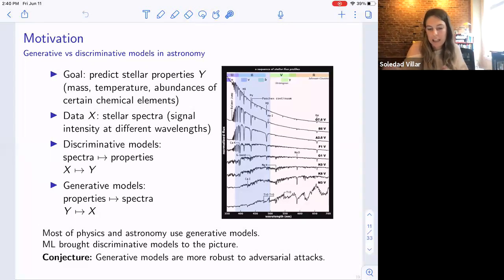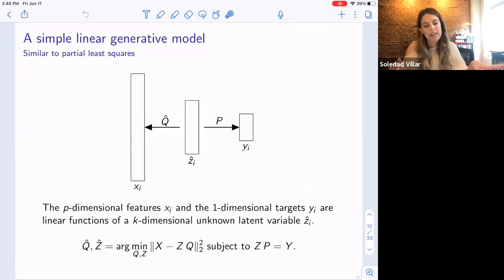That's his claim, and we haven't been able to prove it, but I think it's a possibility that for certain models we can actually do it. The simplest generative linear model that we came up with that makes sense for this specific problem is similar to a model studied in the statistics literature called partial least squares.